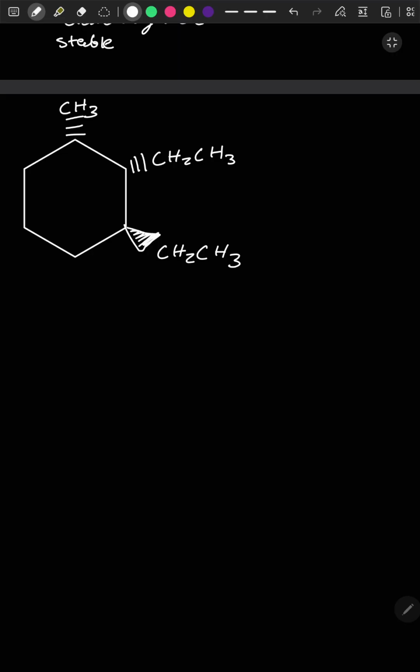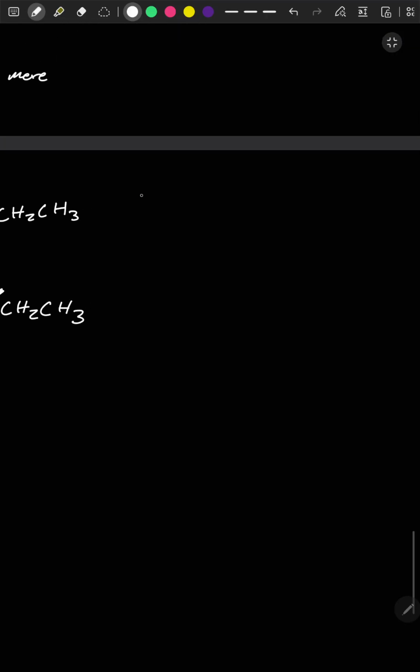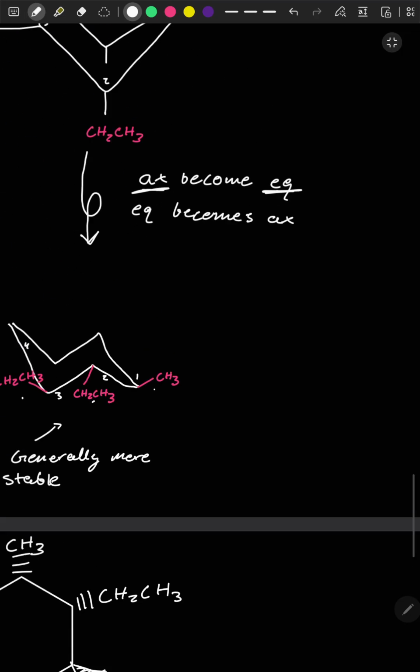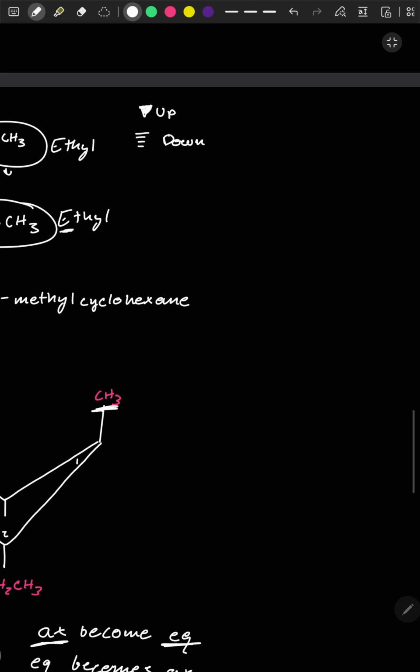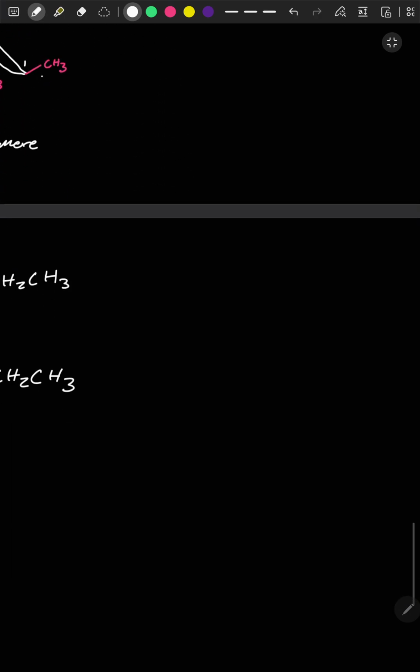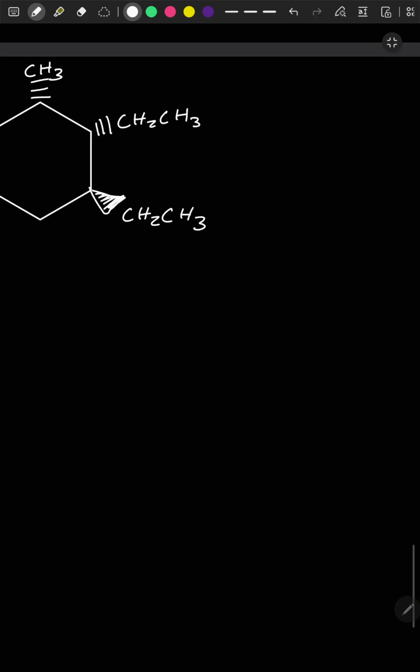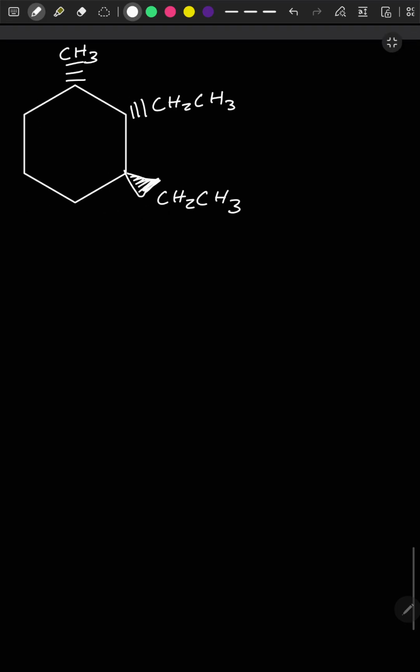Let's color that in so we know it's up. Again, we're going to go back up here and just make sure. Up is wedge, down is the dashes. So we have 1 up and 2 down in this case.